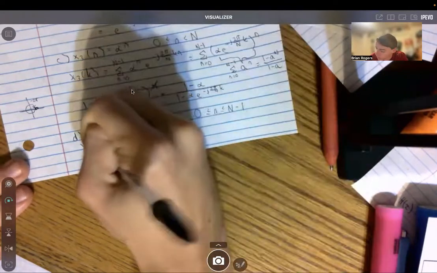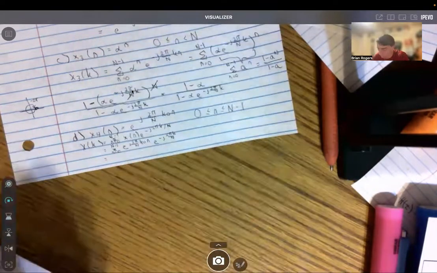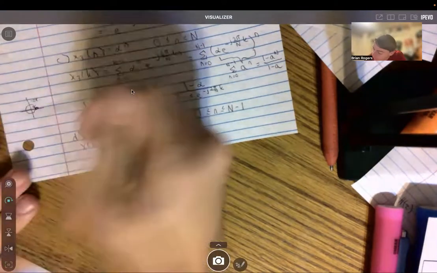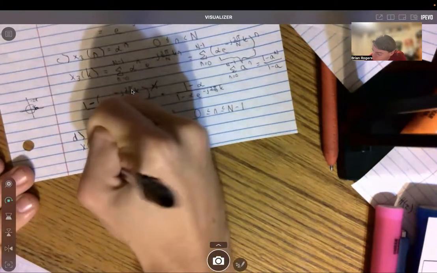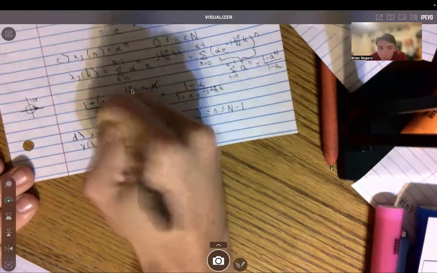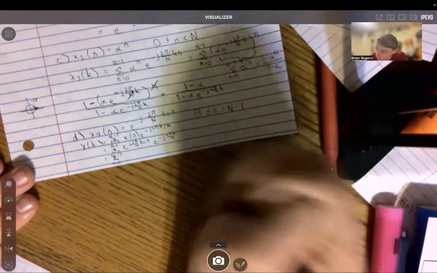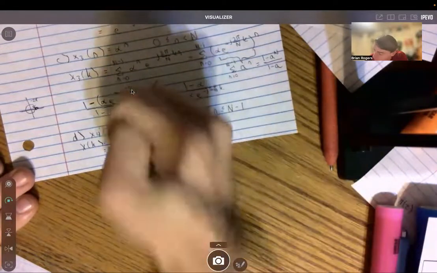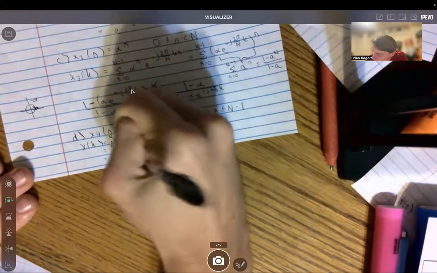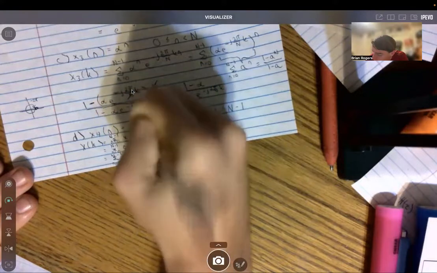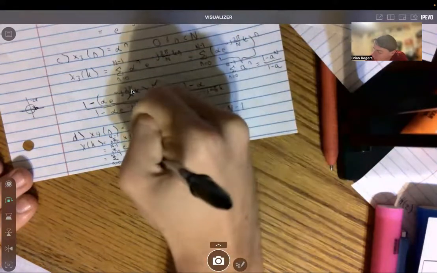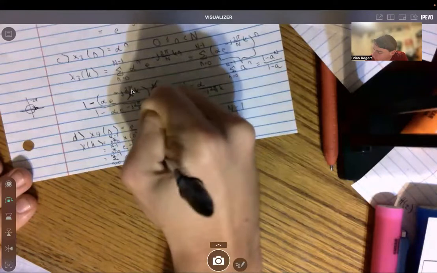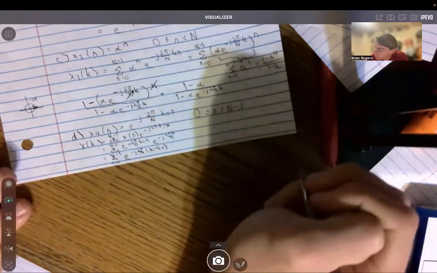And this is going to equal, we'll write this in terms of one exponential, so the summation from n equals 0 to N minus 1 of e to the negative j 2 pi all over N, and then combining, you're going to get k minus k0, multiplied by n.